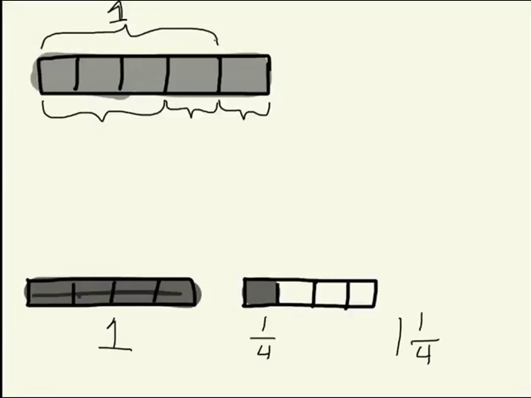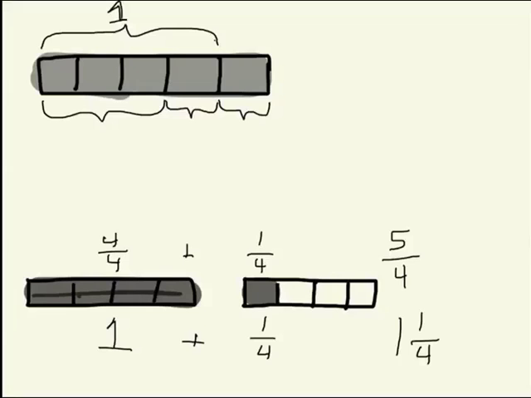I could write that also if I say I have 4/4 shaded here and 1/4 shaded here, and I combine those two, like I combined the numbers down here. I would add my numerators, okay, both pieces are divided into fourths, so they stay fourths, so I have 5/4, which is equivalent to 1 and 1/4.